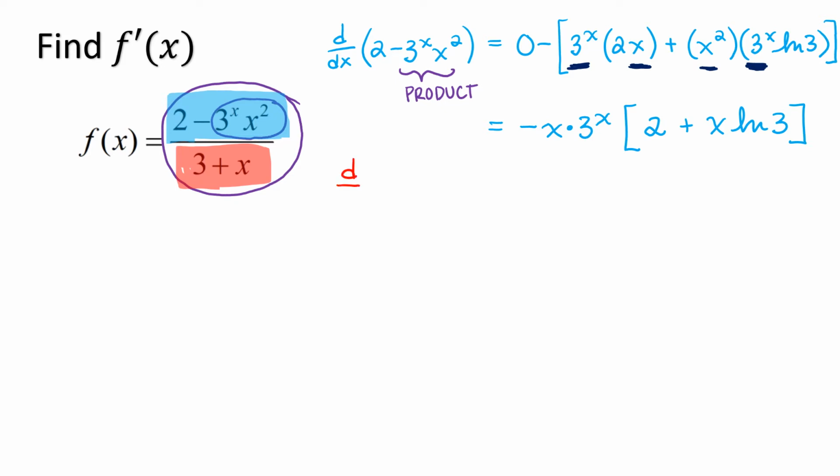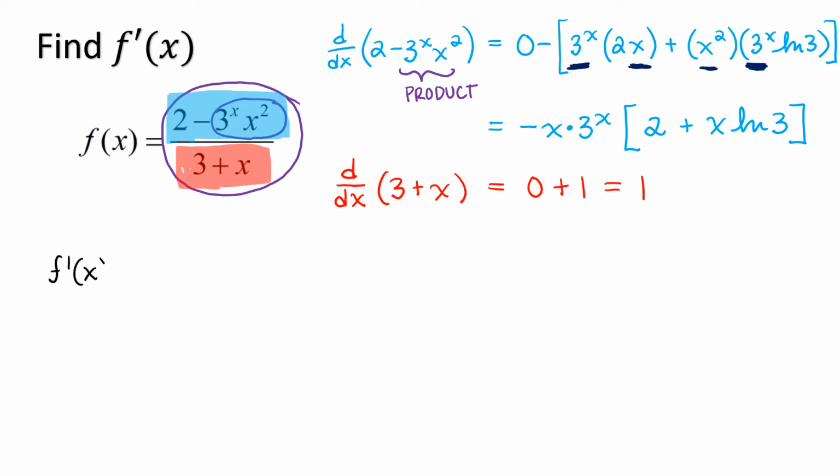Now we can find the derivative of the denominator, so that'll be the derivative of 3 plus x, which will be equal to 0 plus 1, which is just 1. And now we can use quotient rule to find the overall derivative.